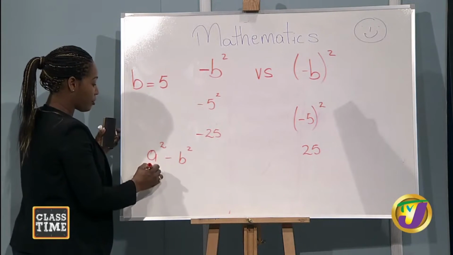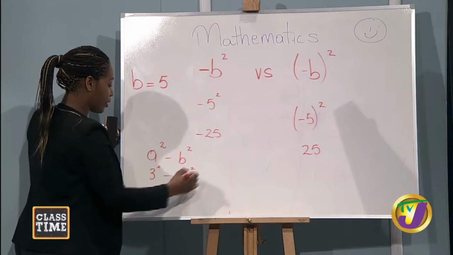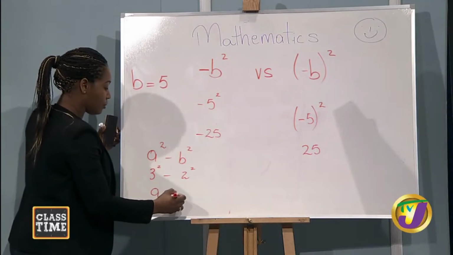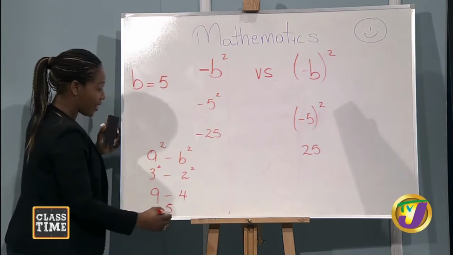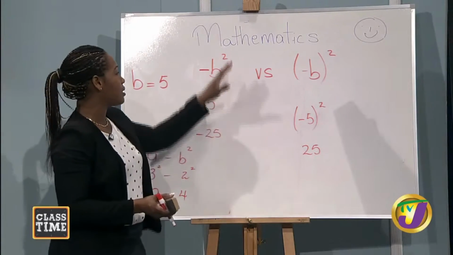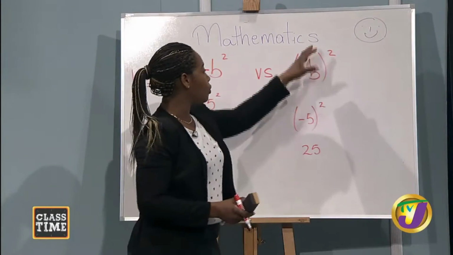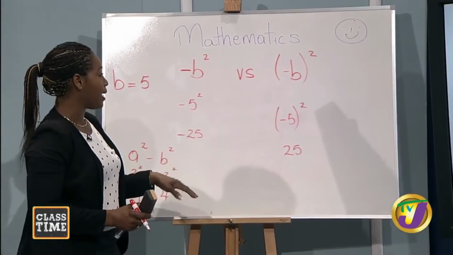So it would have been 3 squared subtract 2 squared. 3 3s, 9 subtract 4, which would give us 5 as the answer. So there is a difference when the B has the negative sign in front of it versus when it is negative B all squared. Just remember that, guys.